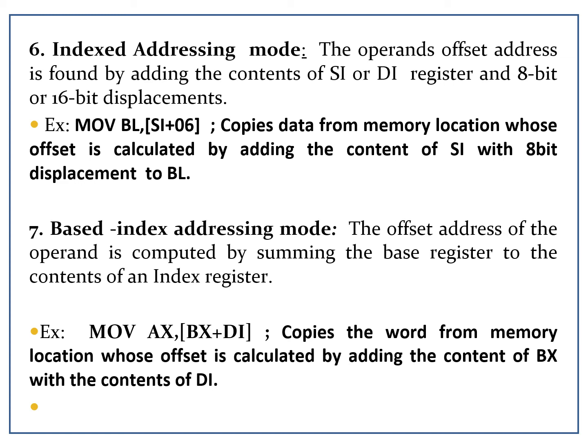Next is based indexed addressing mode. The offset address of the operand is computed by summing the base register and the content of the index register. So here is the combination of base addressing mode and indexed addressing mode. The index register and base register are summed together and that memory location's contents are shifted to the AX register.